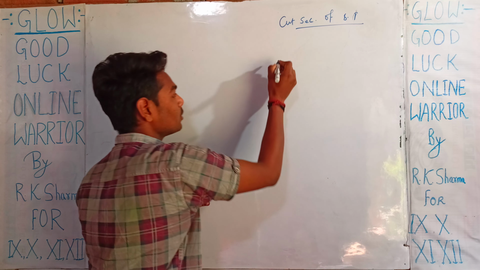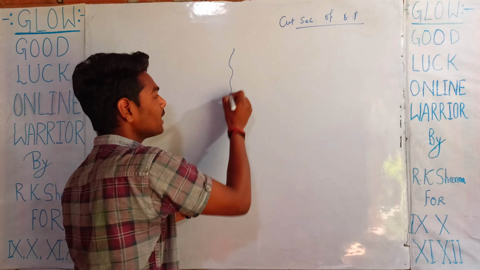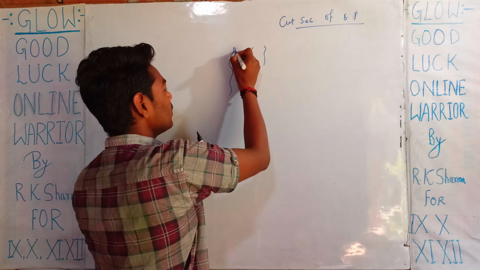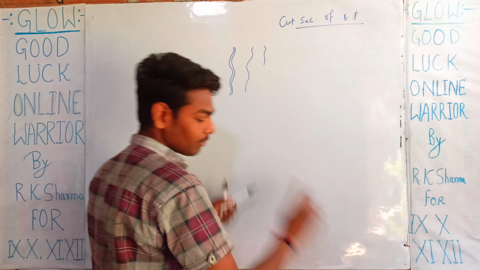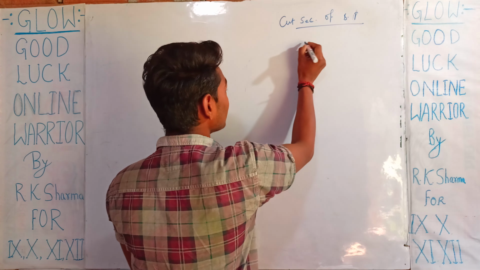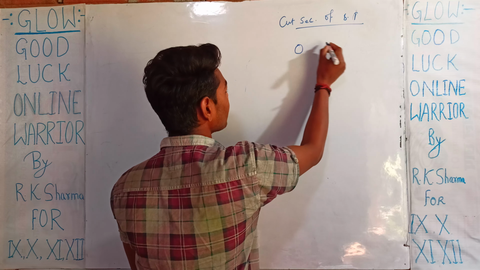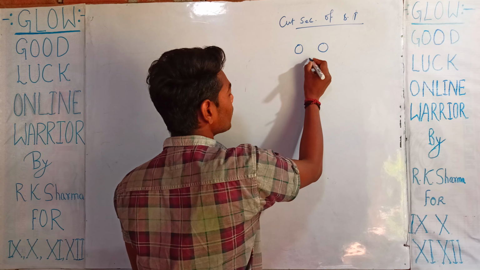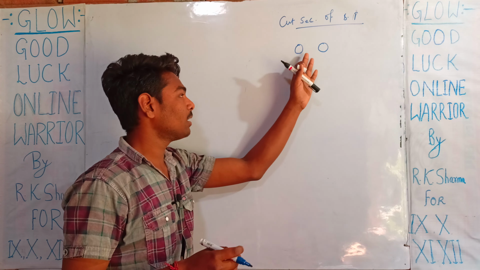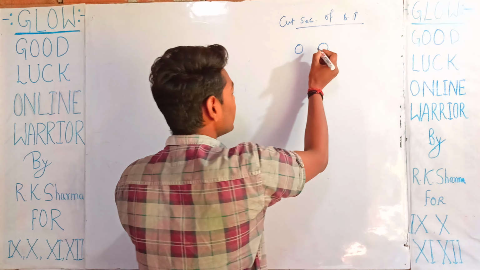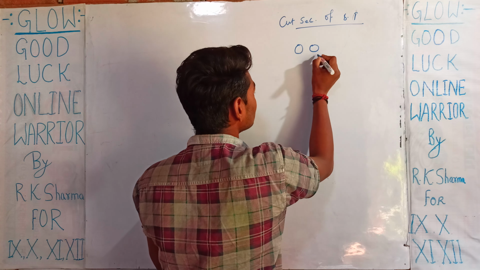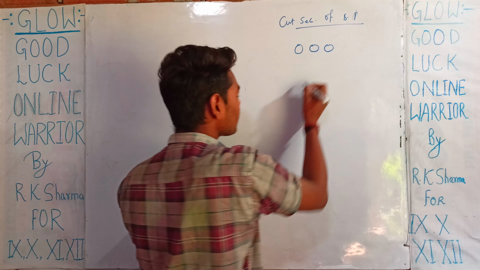We know that the seminiferous tubule is like this, and whenever we cut it, it looks like this. And we know that in each septa the number is two to three, so I'll make two, three.